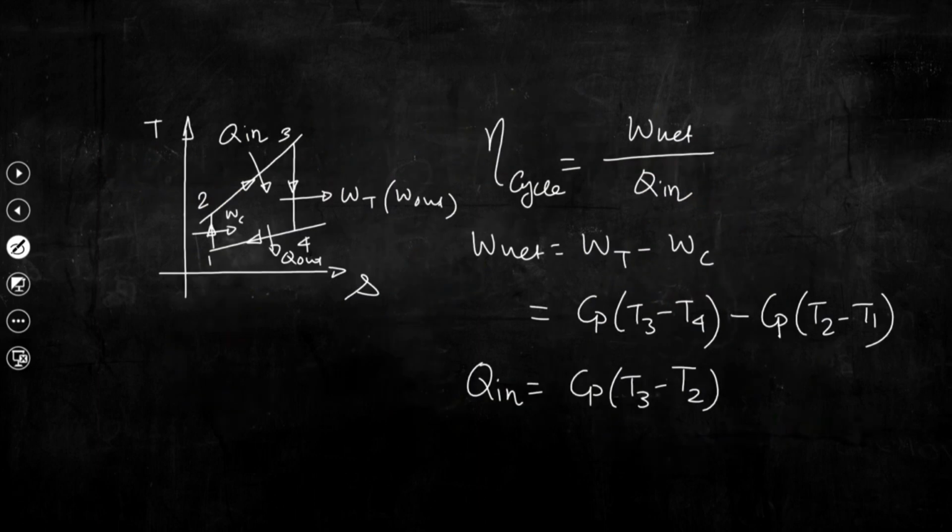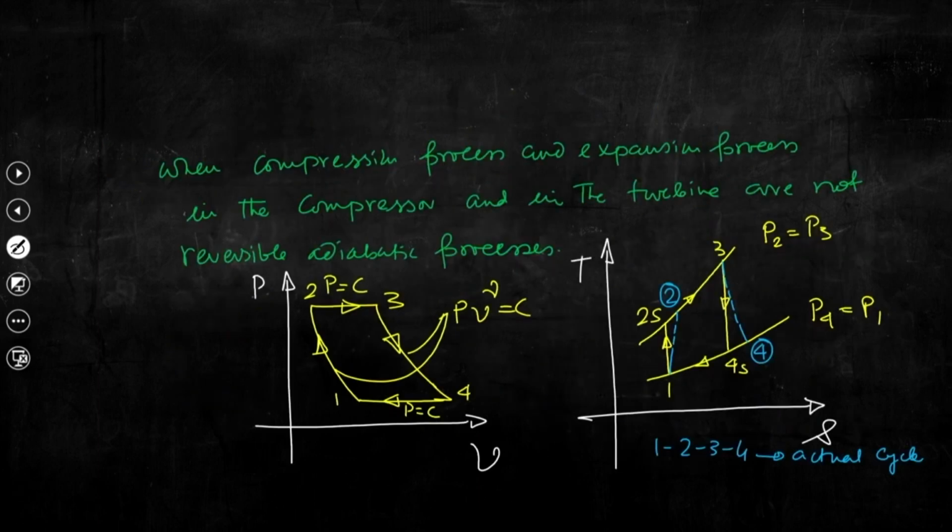If we go back to the PV diagram, this is the V1, and at the end of the compression process the volume has reduced, and because of this reduction in volume we could increase the pressure from P1 to P2. The ratio V1 by V2, if you try to recall, we discussed in the context of the Otto cycle, is known as the compression ratio.